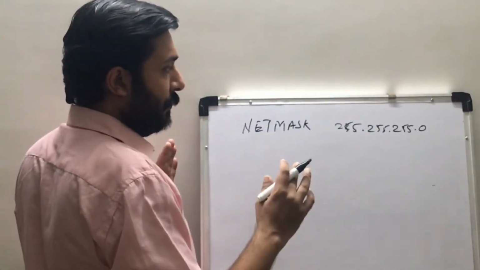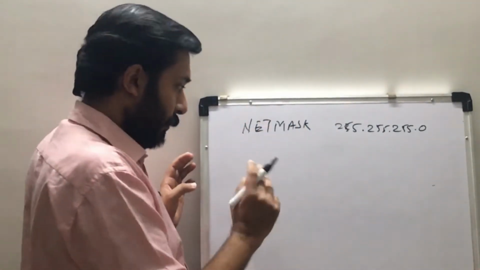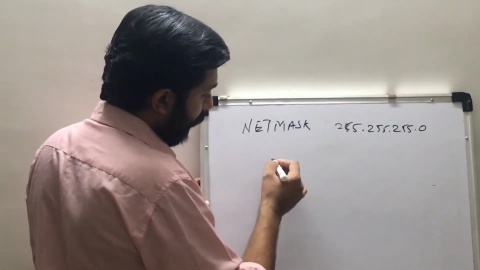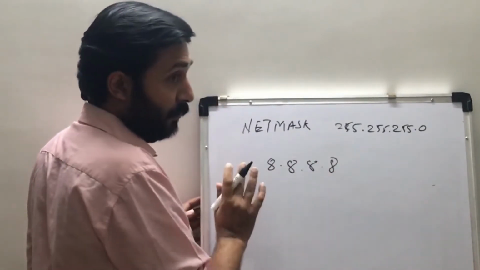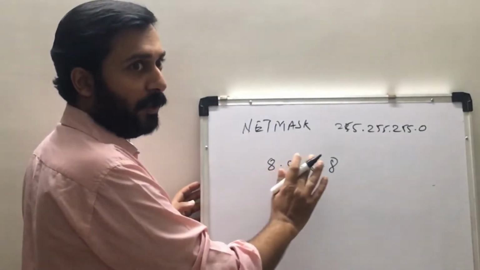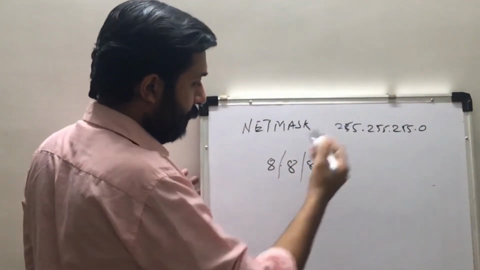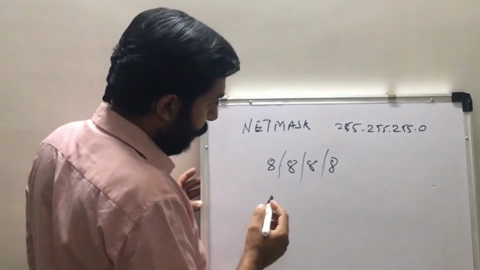Now, if these things are confusing for you, then I'll make it easy for you. Here it comes. When I say 8, 8, 8 and 8, this is not an IP. You don't consider this as 8.8.8.8 as an IP. I am saying an octet. I'll mark it like this, okay, for a better understanding.